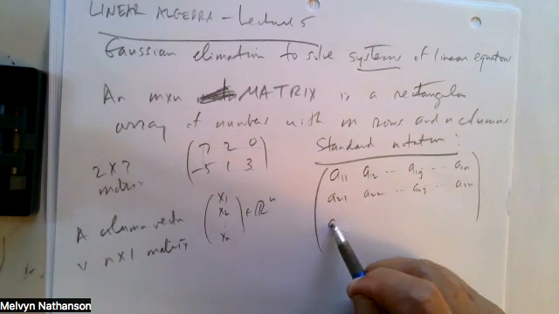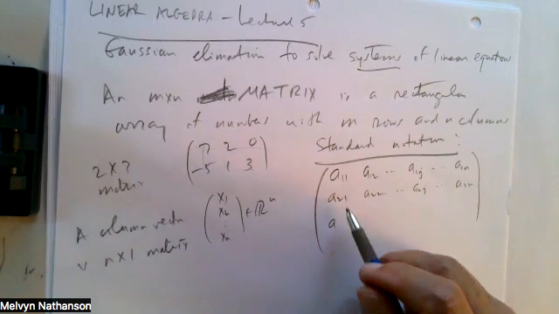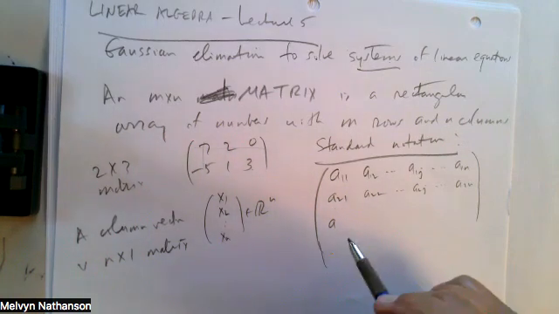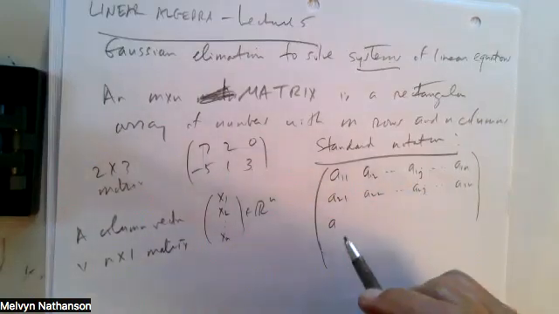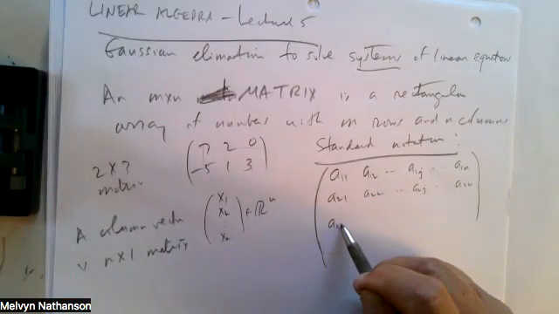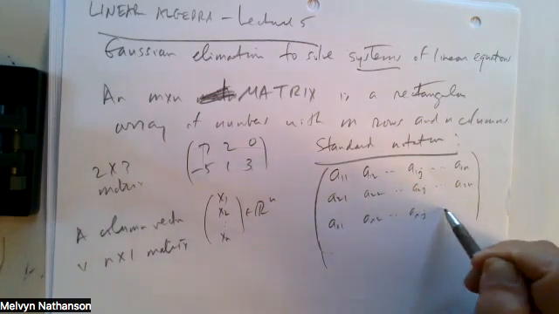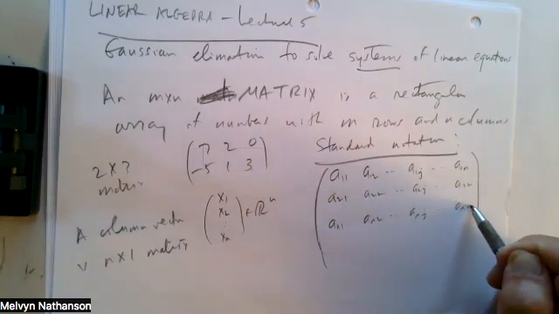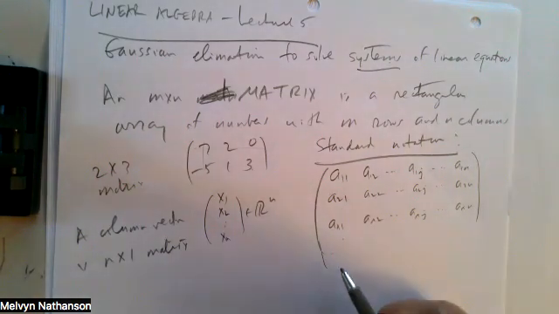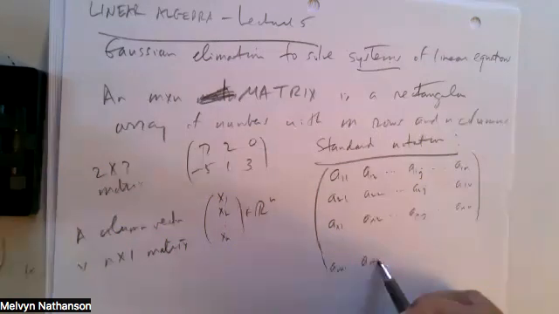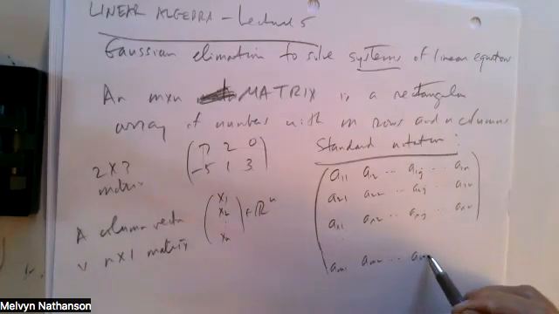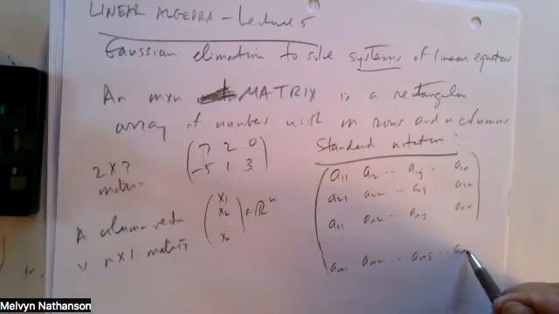When we get to the ith row, the first subscript of the coordinate is the row, and the second subscript is the column. This is Ai1, Ai2, Aij, to Ain. Down to the last row, which is the mth row: Am1, Am2, Amj, Amn.